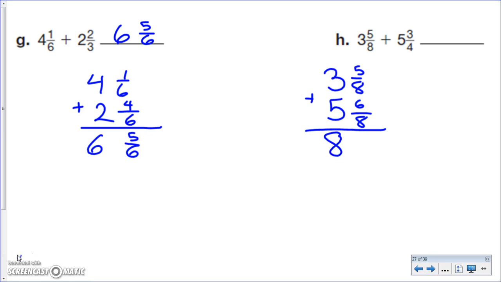Then 5/8 plus 6/8 is 11/8. Eleven-eighths is an improper fraction, so we need to turn it into a mixed number, so it equals 1 3/8. So now we have 8 plus 1 3/8, and we're going to add that together and get 9 3/8.